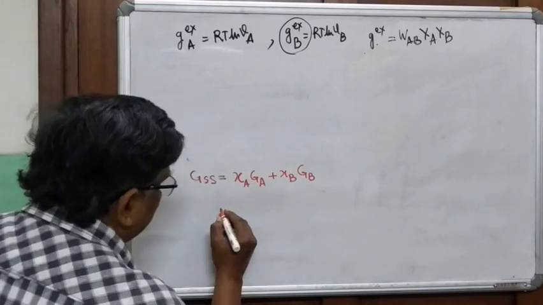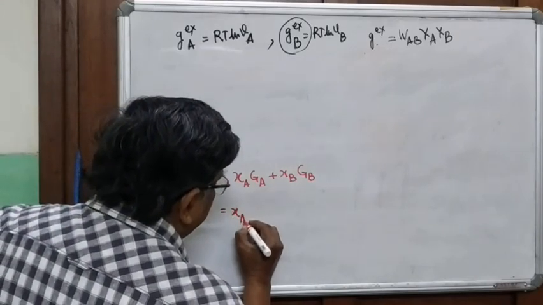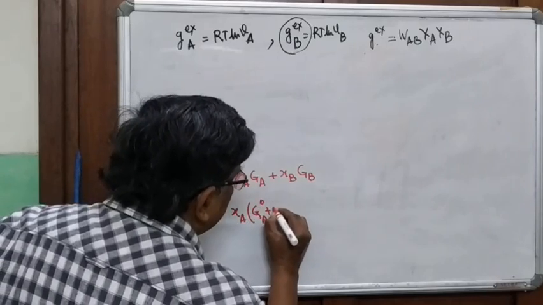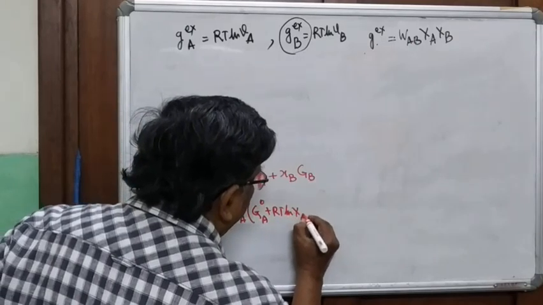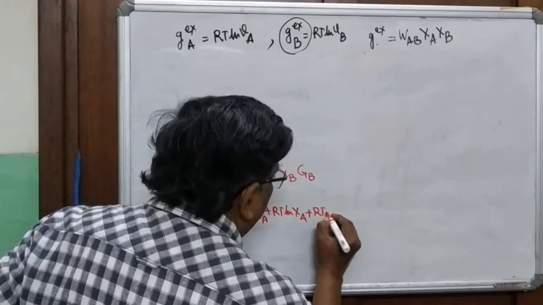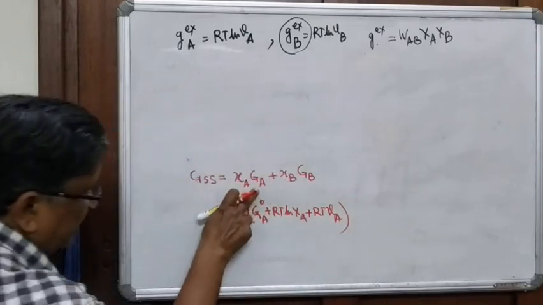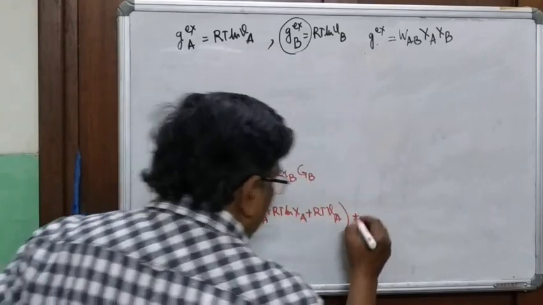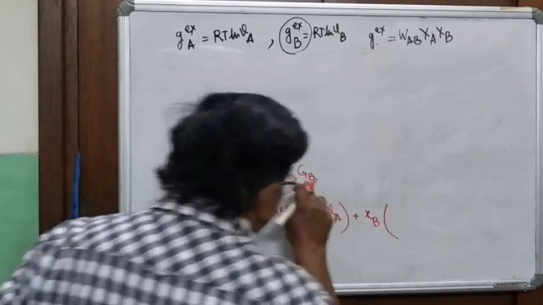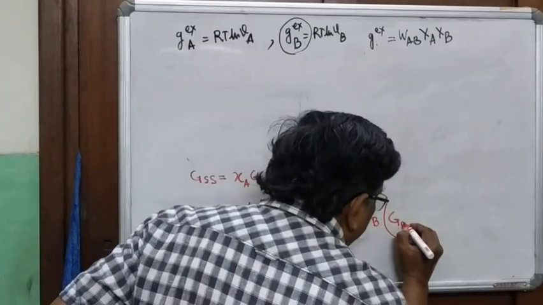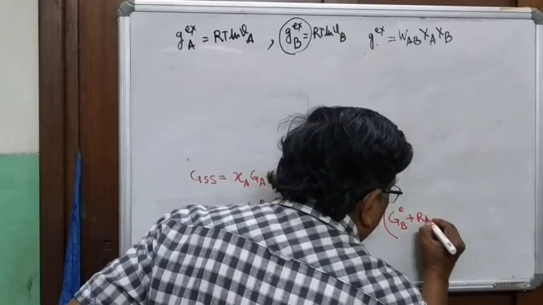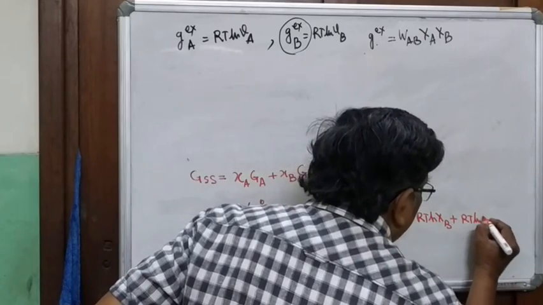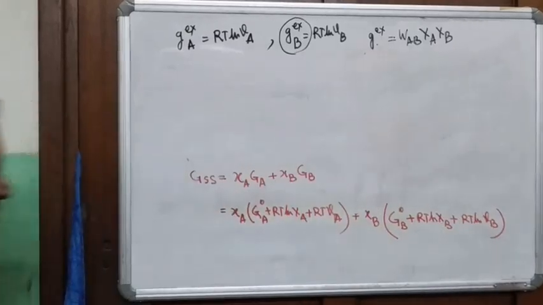if we now put in the actual things, you have X_A into G_A0 plus RT ln X_A plus RT ln gamma A, plus X_B into G_B0 plus RT ln X_B plus RT ln gamma B. Done?